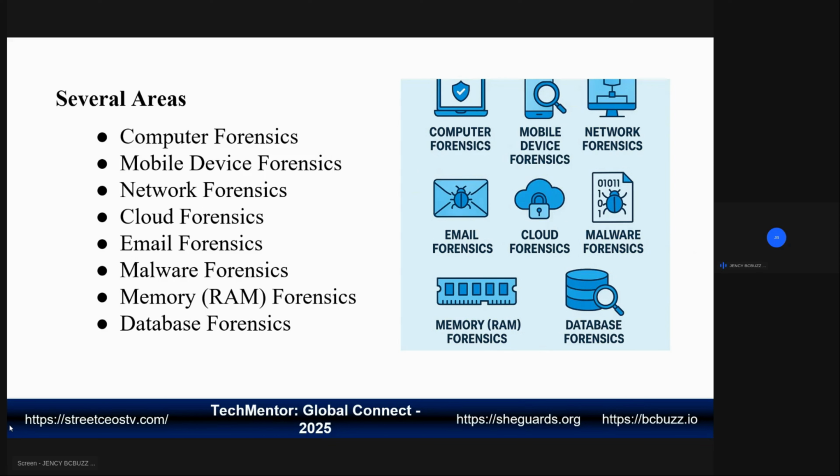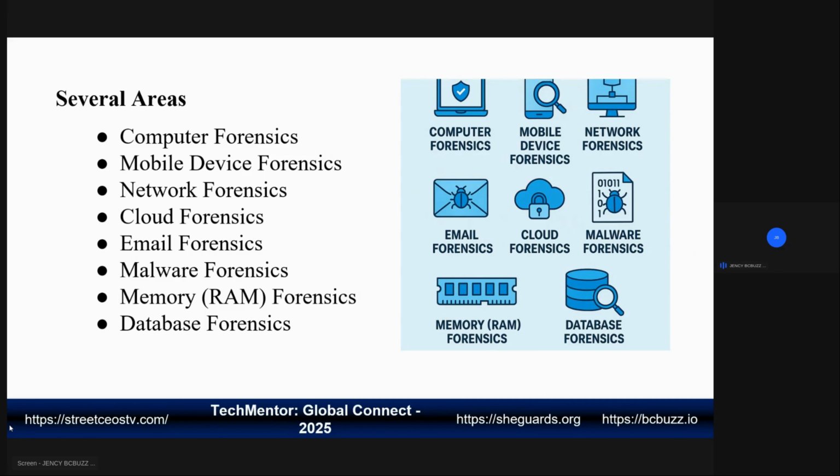With so much data now stored in the cloud, cloud forensics has become very important. It deals with the data stored in services like AWS, Google Drive, and Dropbox. Forensics investigators here look at access logs, file movements, and storage patterns to find out if anything suspicious happened.